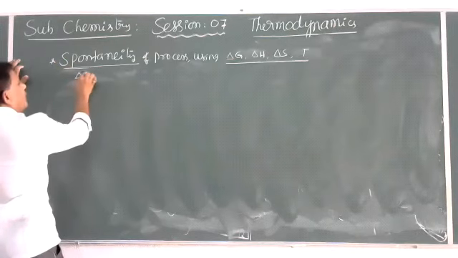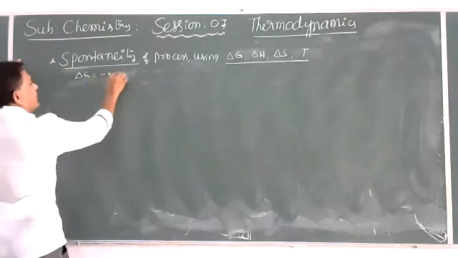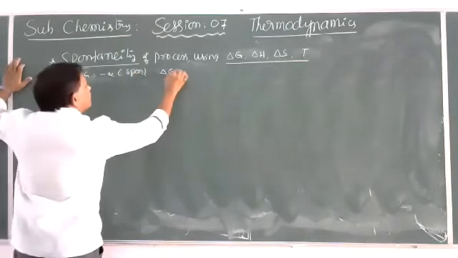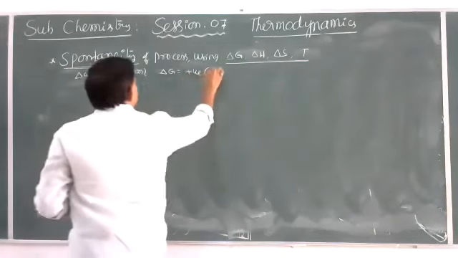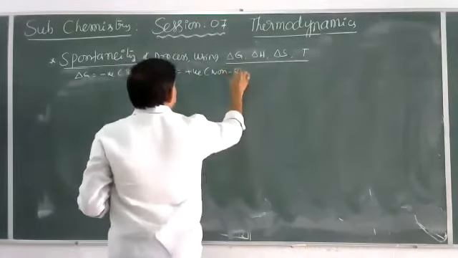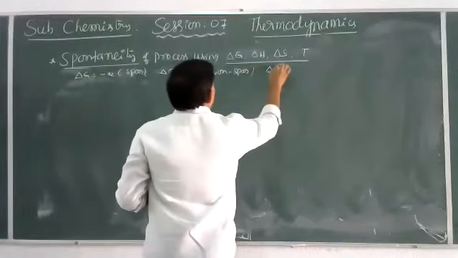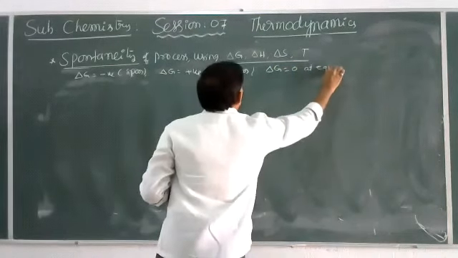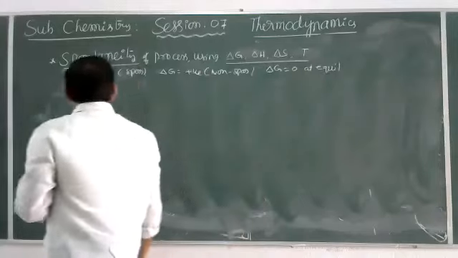Already we know if delta G is negative, that is a spontaneous process. If delta G is positive, that is a non-spontaneous process. If delta G is equal to 0, that is a process at equilibrium.